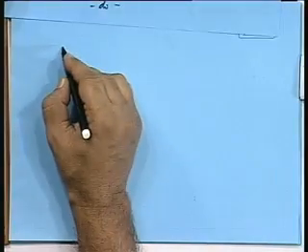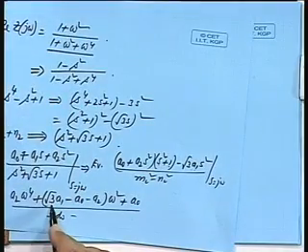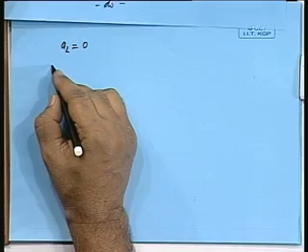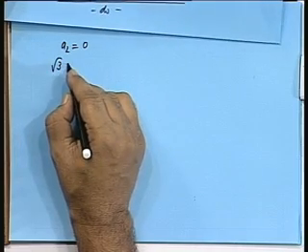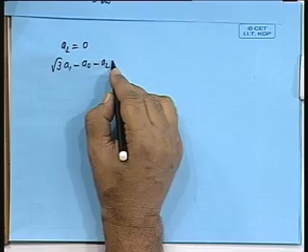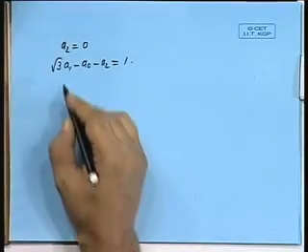Equate the coefficients. ω to the power 4 is absent, so A2 is 0. Next, root 3 A1 minus A0 minus A2 is equal to 1, coefficient of ω squared, and A0 is equal to 1.